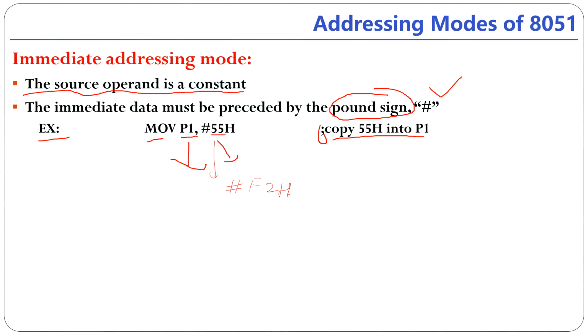This is wrong, because our assembler reads it as a variable. So if we want to use such a value, we put a zero in front, 0F2H. That means it is considered a hexadecimal value. Remember this.